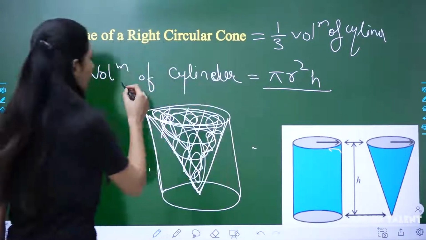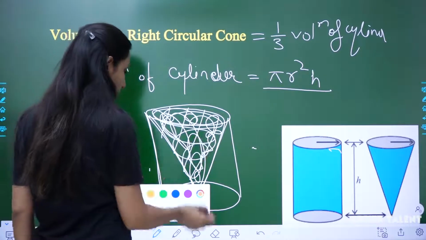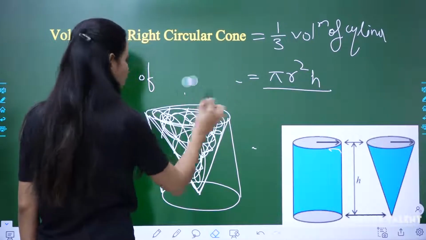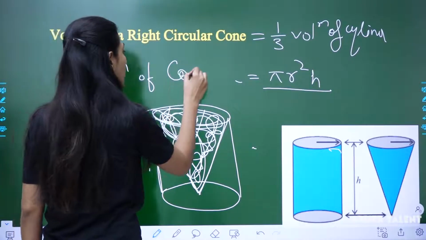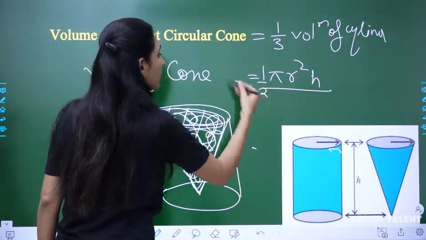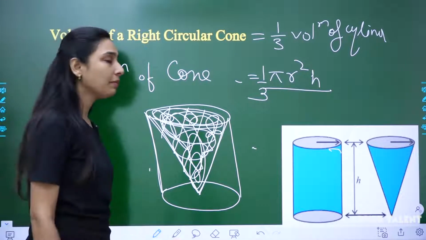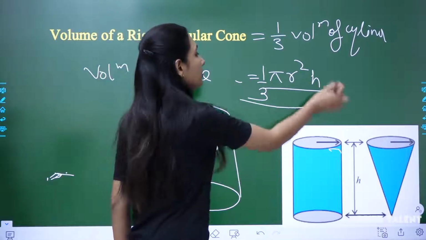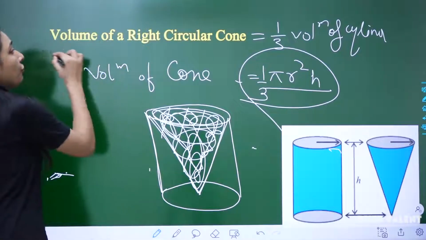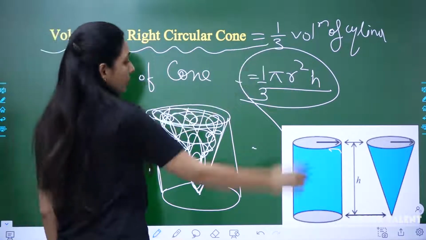That means if you have to calculate the volume of cone, you just multiply by 1/3 or divide by 3. So that will be your volume of right circular cone.